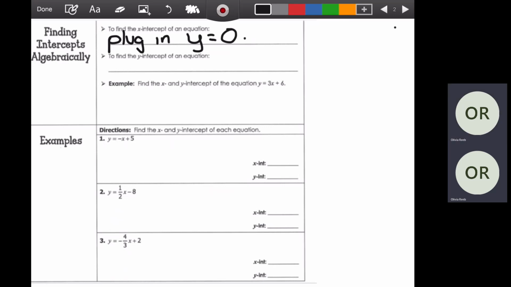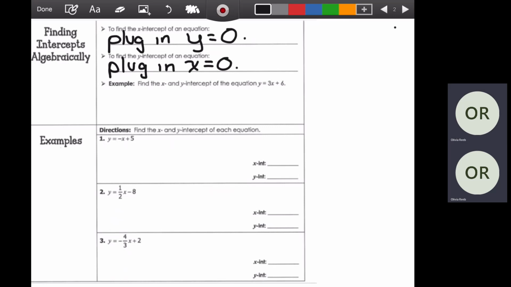But Miss Reeb, we're looking for an x. What do you mean? I do something with the y. Chill, you'll see. To find the y-intercept of an equation, you plug in x equals 0. And again, I'll show you right now in my example.